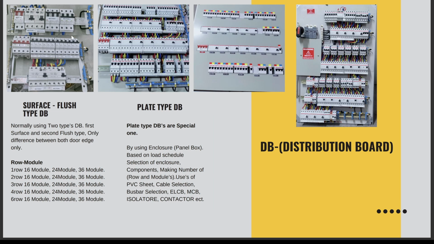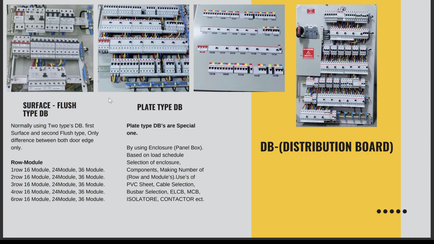It's showing one row 16 model. You can see here one row and 16 model, and two row 16 model. This is a row, two row, one row and two row. This is models 16. We can fit SPMCBs here.